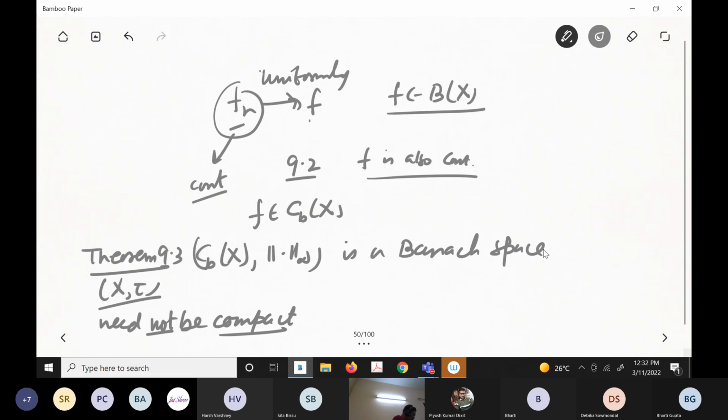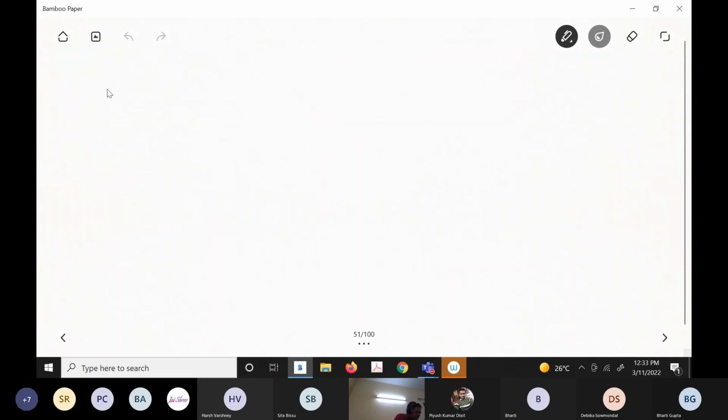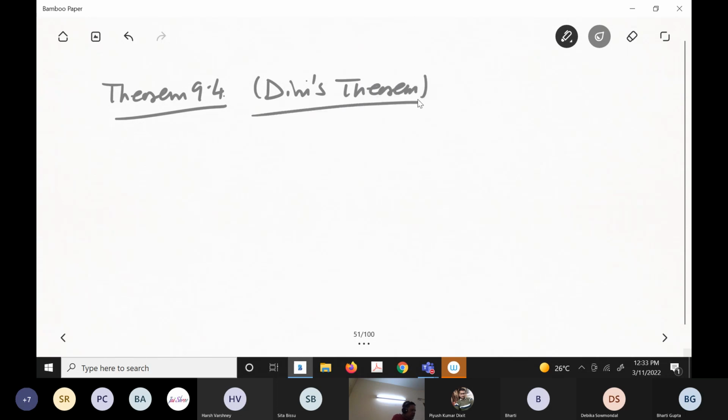Now I want to prove Dini's theorem, the theorem 9.4 that I proved last meeting, but again I'm talking about theorem 9.4. Dini's theorem. Look here, the question is when pointwise convergence of a sequence of functions will imply uniform convergence.